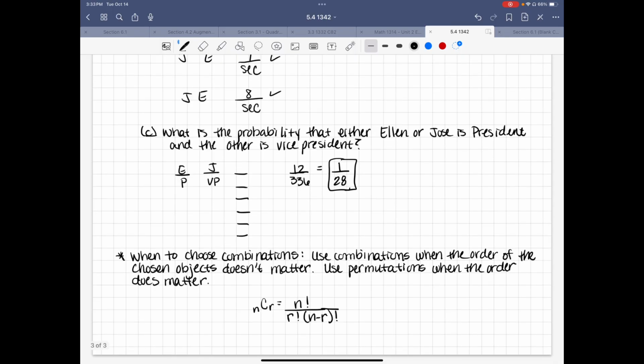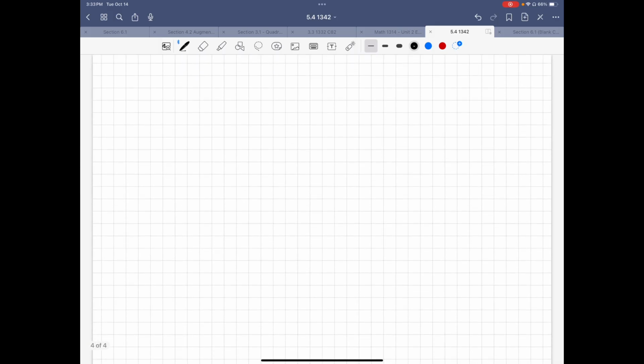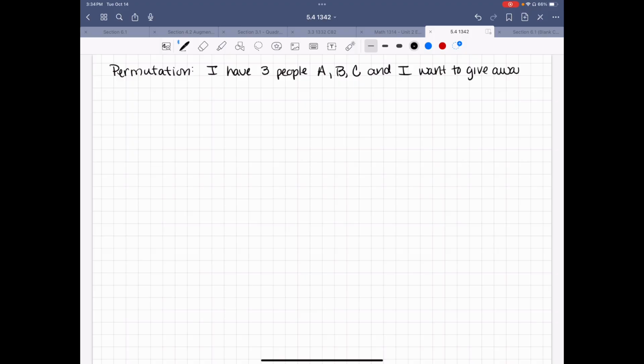Okay, so let's look at the difference between a permutation and a combination. If I have a permutation, think of something like this. I have 3 people, A, B, C, and I want to give away a $100 bill and a $50 bill.